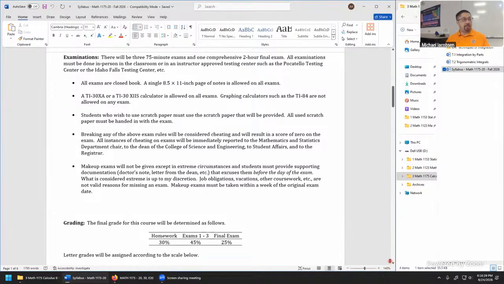Okay. Other thing to mention is online sections at ISU's math department are kind of weird. They advertise this as being an online section if you're in the online section, but then the math department immediately comes around and says all exams must be done in person. So even if you're in the online section, the idea is you'll be doing your exam either in the Pocatello Testing Center, Idaho Falls Testing Center, or maybe for the remote Twin Falls, Meridian, North Idaho College areas, those kinds of things.